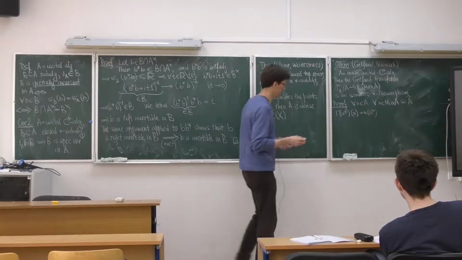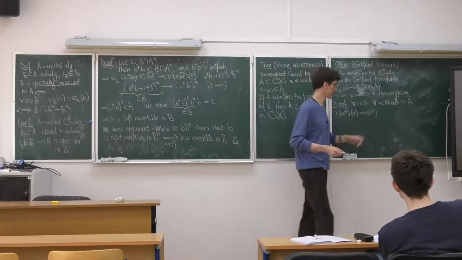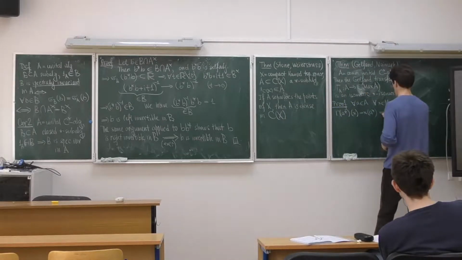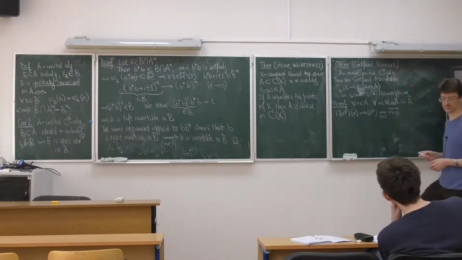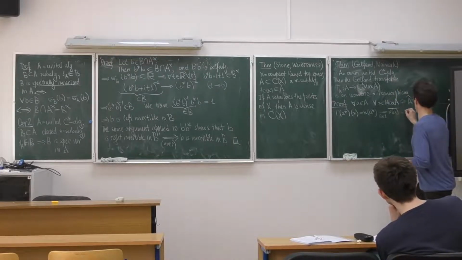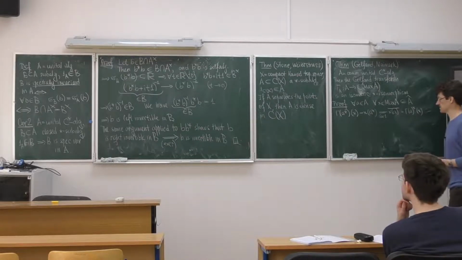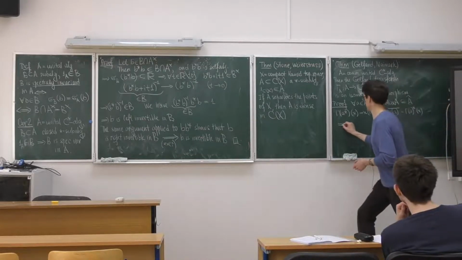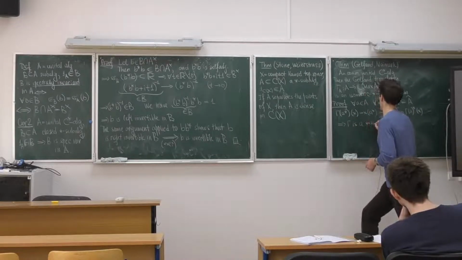We now apply corollary 1, which states that all characters are star characters. So by corollary 1, this is just x of A complex conjugate, or equivalently gamma of A star applied to x. And we conclude that gamma is a star homomorphism.